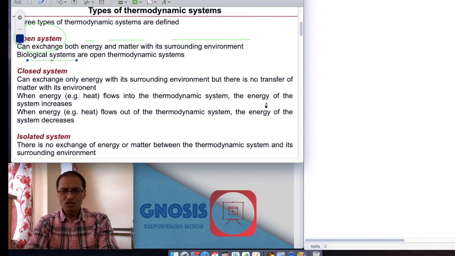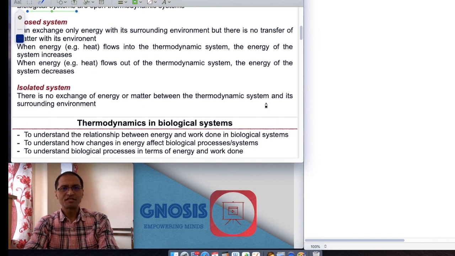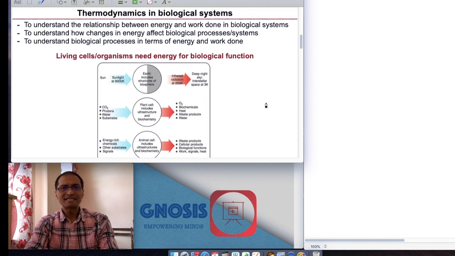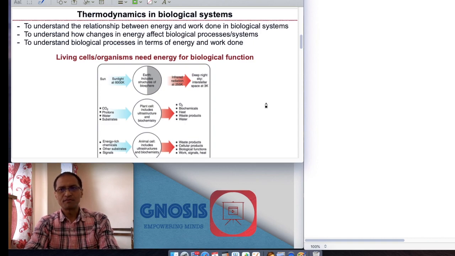When we try to understand these thermodynamic systems, we try to understand the relationship that exists between the energy and the work done in the context of biological systems. This allows us to understand the thermodynamics of the biological system.